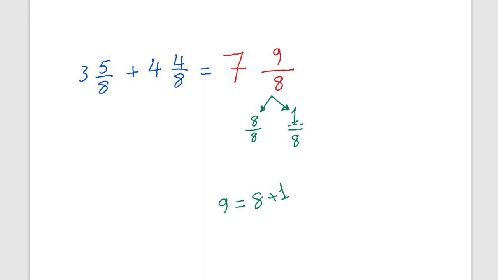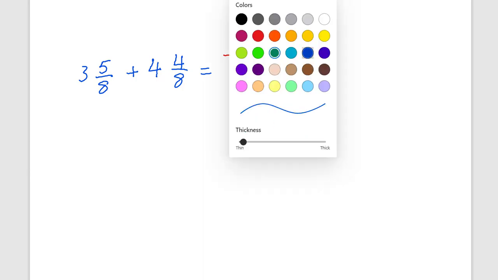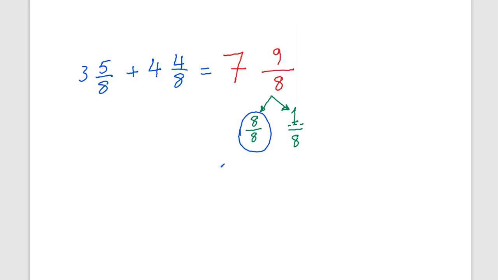So, let's rewrite it again, but this time we will take this whole one and put it with the whole 7. So, how many wholes do we have now? 7 plus a whole 1, so it's a whole 8. And what is the remaining? This 1/8 only.